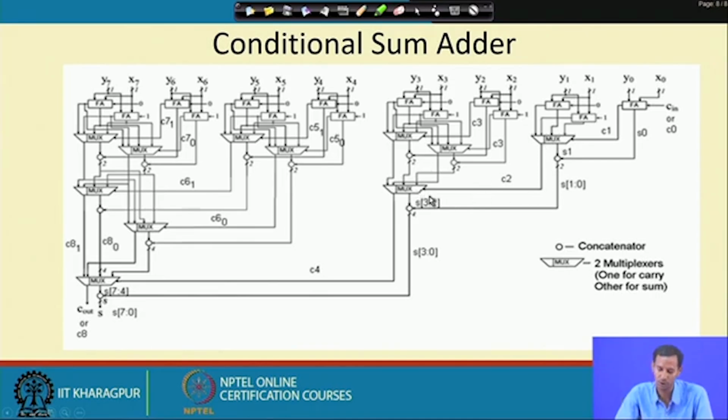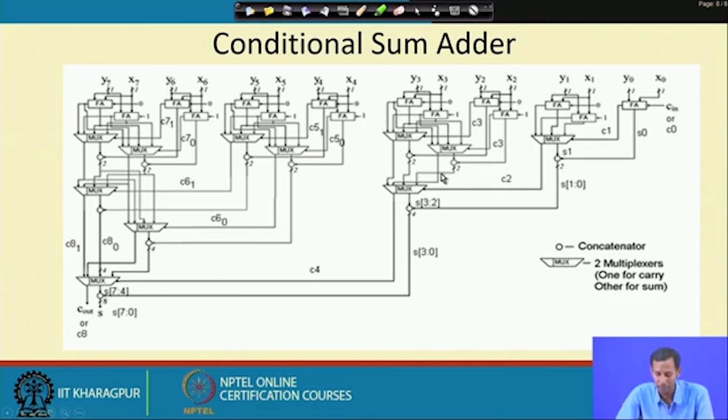If this C2 is 1, then this particular group will pass, otherwise the other group will pass. Now I can generate the carry output bit and another 2 bits. Why 2 bits? One sum from this, another sum from this.